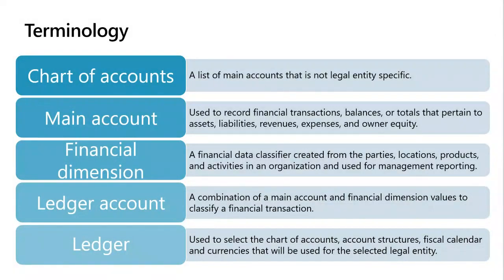So starting with the chart of accounts, by definition, this is a list of main accounts that is not legal entity specific. I like to think of it as a wrapper or a container for the list of main accounts. And then each legal entity can be linked to a single, or one, chart of accounts in the ledger form.